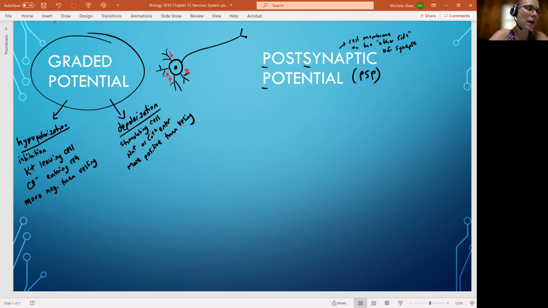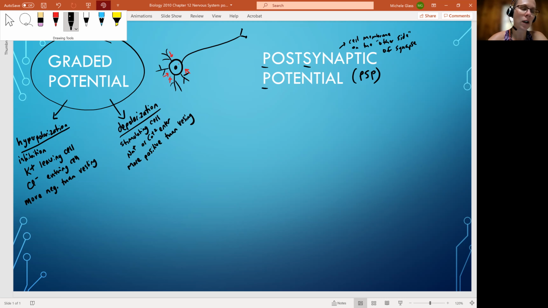When we're talking about the postsynaptic potential, we're talking about all these signals that are being received by the cell and what ultimately happens. Are you getting all depolarization signals? Are you getting all hyperpolarization signals? Are you getting a combination? What does that mean? That's our question here.